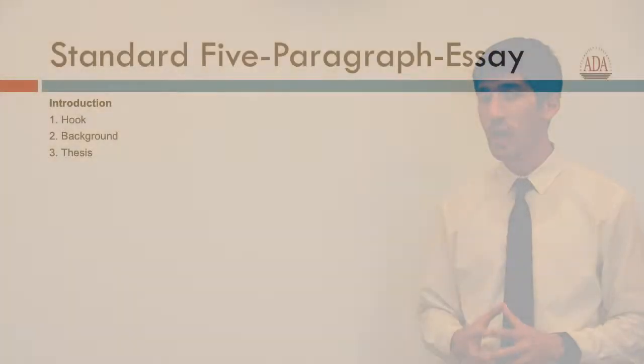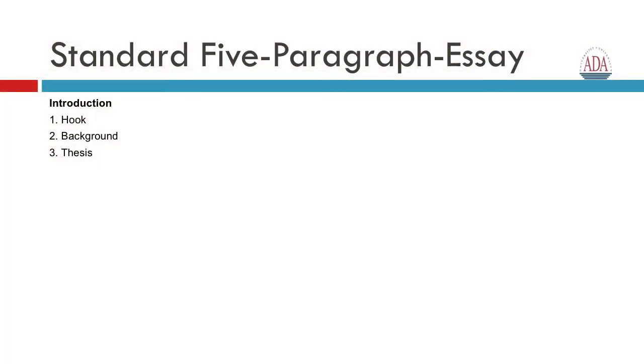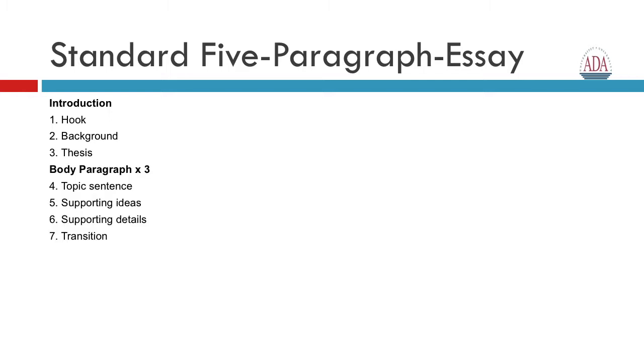For example, an introduction has 3 functions. It has a hook, it conveys background information, and it also explains a thesis. In a 5-paragraph essay, our introduction also consists of 3 sentences. The same goes for a body paragraph.